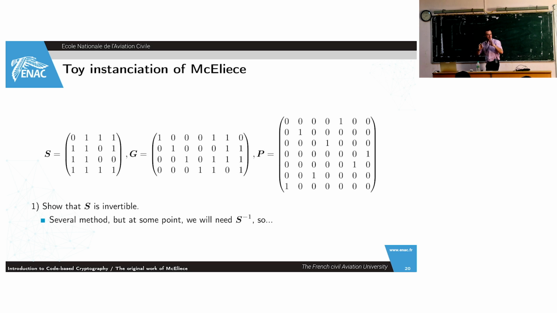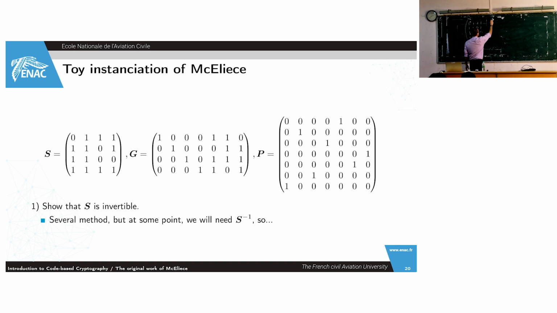No mental effort whatsoever. But yeah, of course it is easy to compute. So anyway, this is a cheating method. This is a computer scientist method. If you want to do this by hand, what you are going to do is you put the matrix you want to invert here. You put the identity here.